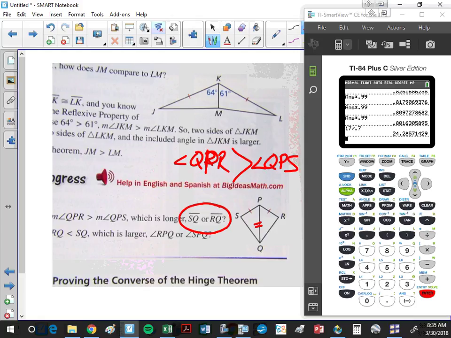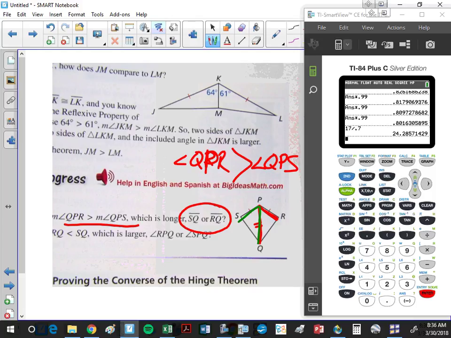QPR is larger than QPS, so is SQ or RQ bigger? So look here, QPR, so this angle right there, is bigger than this angle, so which side is bigger?